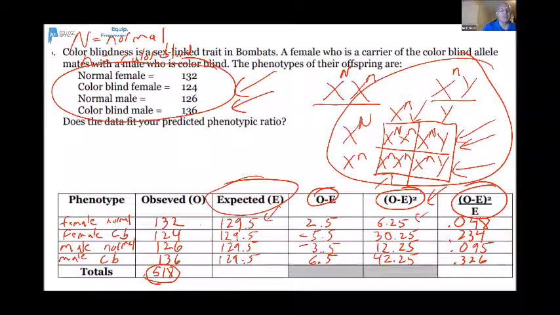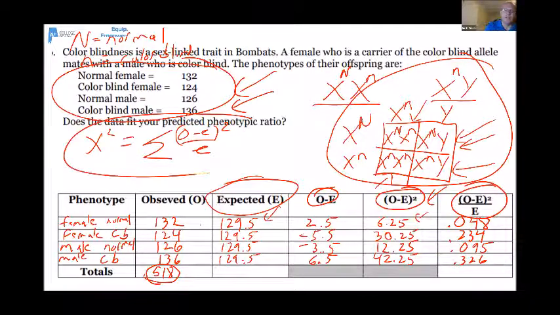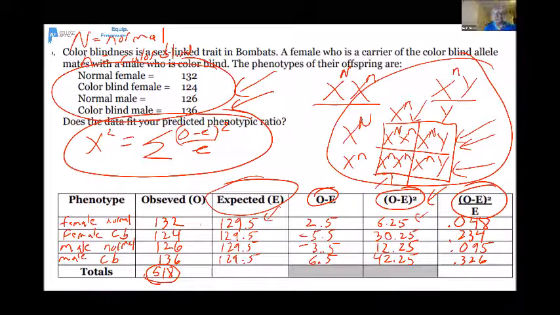Now, I'm hoping that you guys remember that the equation for chi-square, chi looks like a fancy X, it's equal to the summation of O minus E squared over E. This is a formula off of your formula sheet. And really all that formula tells me to do is to do what from my table?